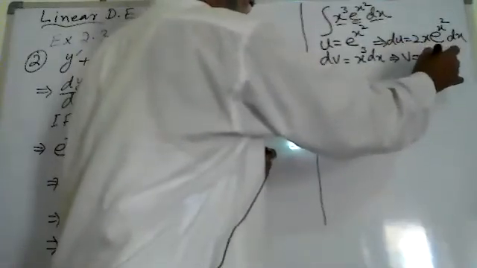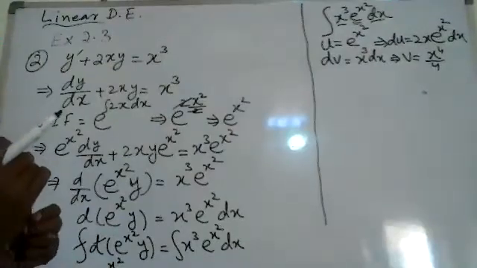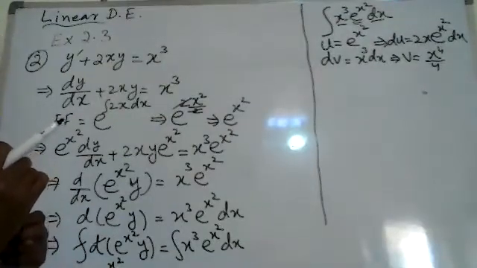So dv is this one, so v will be equal to integration of this one. Integration of x cube will be x4 upon 4.